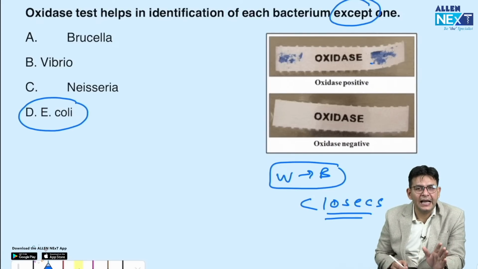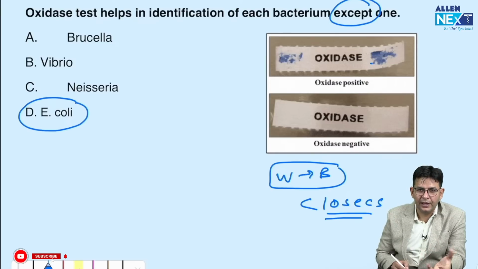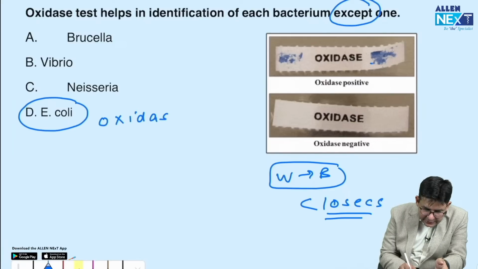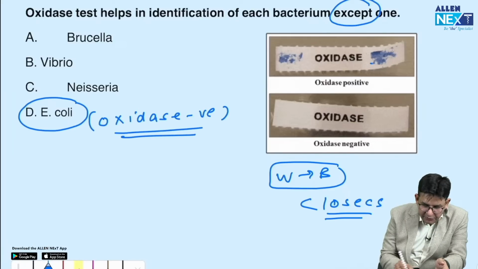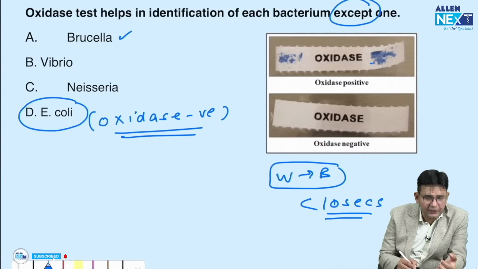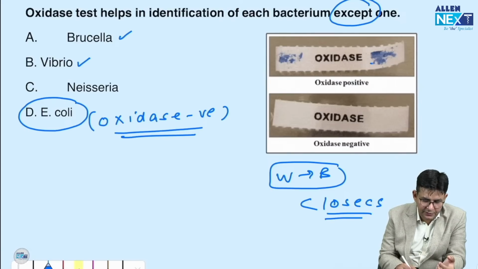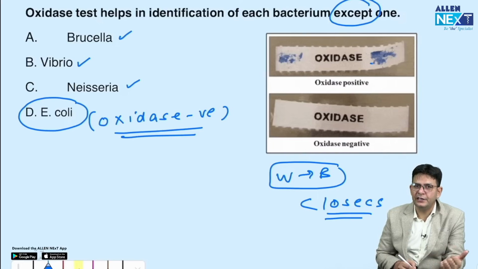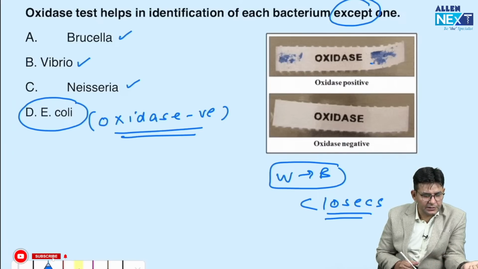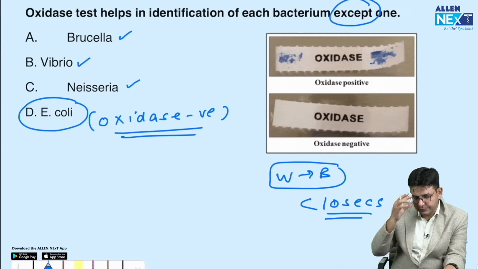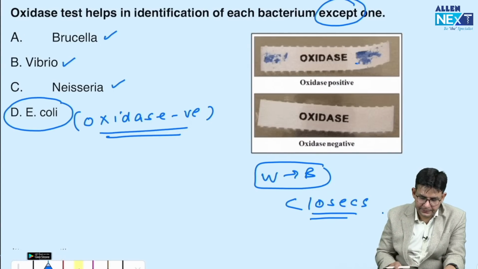E. coli is an Enterobacteriaceae member, and the Enterobacteriaceae family is fully oxidase negative. So our answer is obviously E. coli, and smartly you have reached that because Brucella is oxidase positive, Vibrio is oxidase positive, and Neisseria, gonococci and meningococci, they both are oxidase positive. Yeah, very right. So the answer is D, E. coli. And this is the oxidase test.